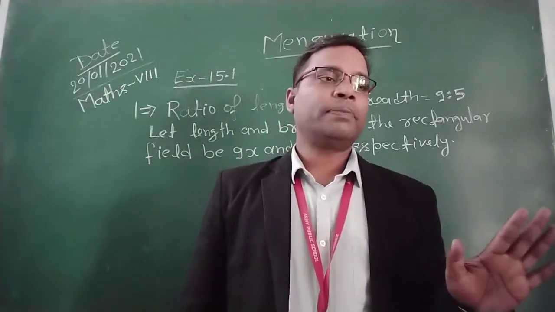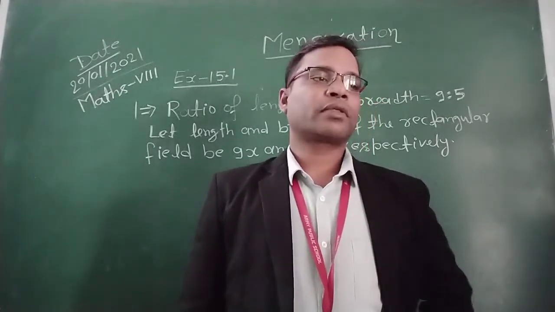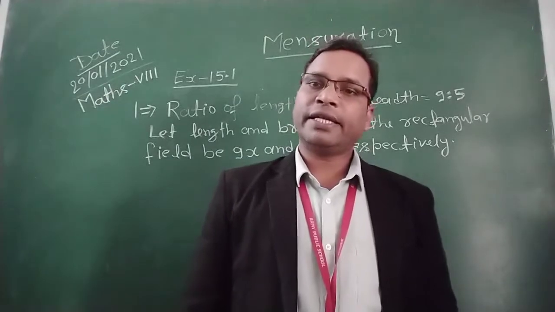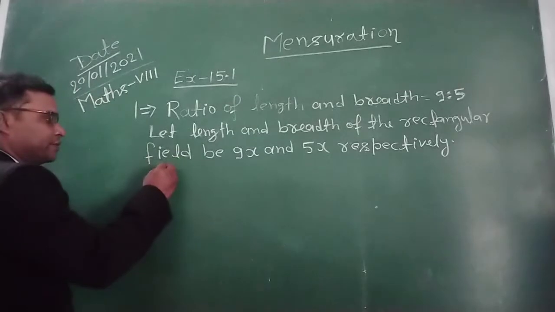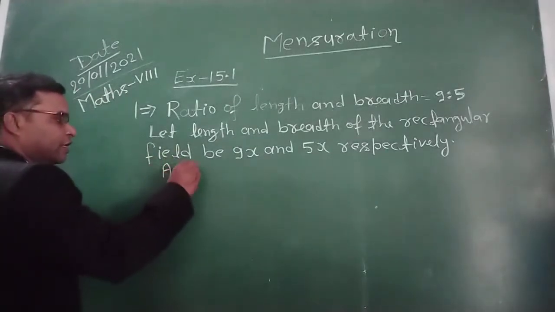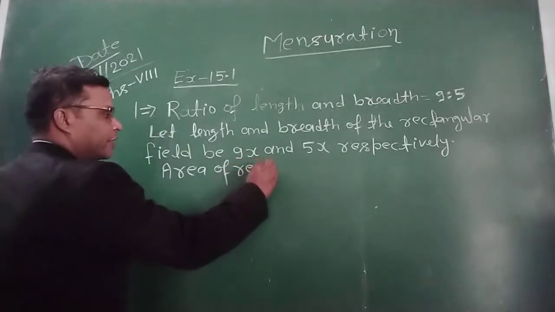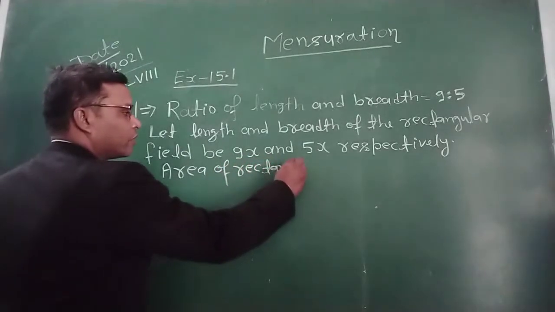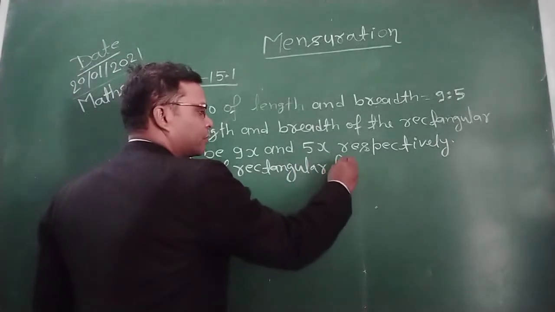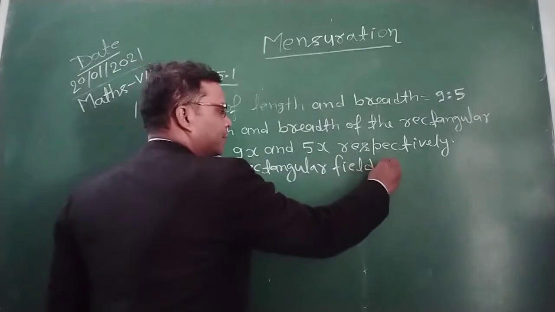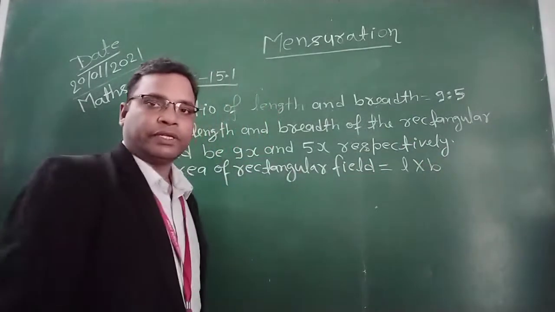After this, the area of the rectangular field is also given here, 14,580. Area of a rectangular field is equal to length into breadth. You know very well.